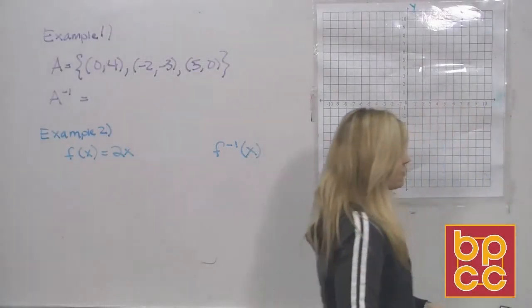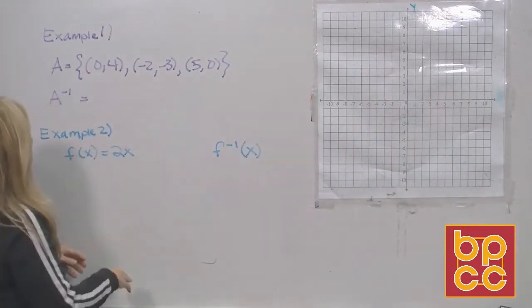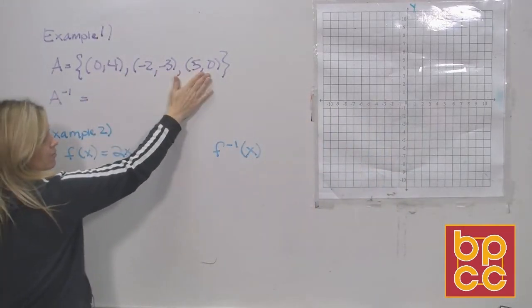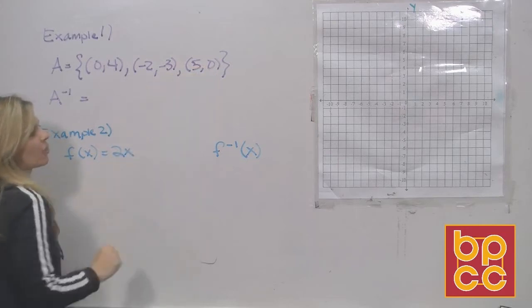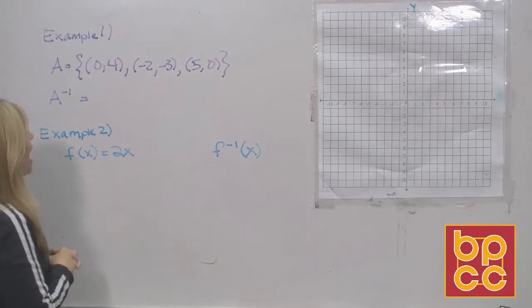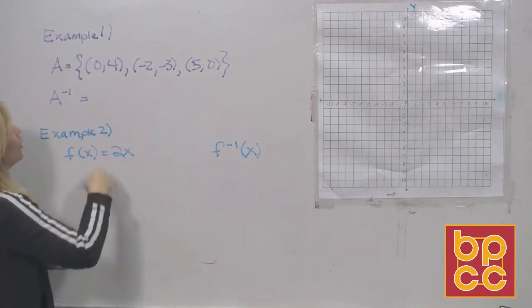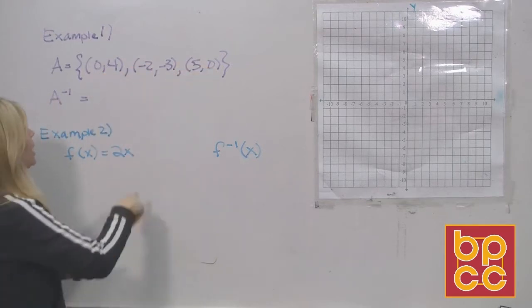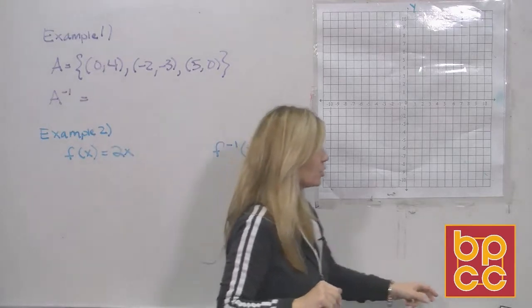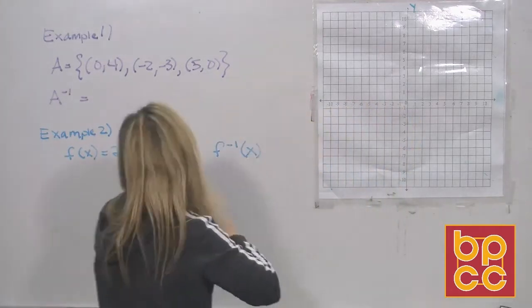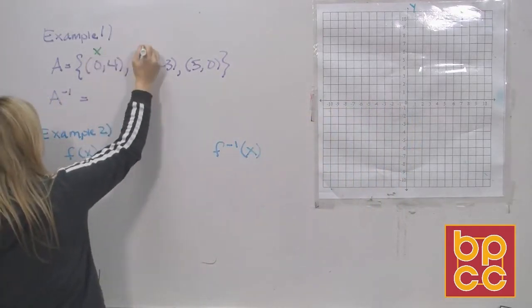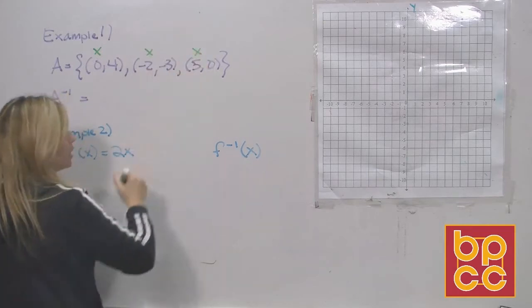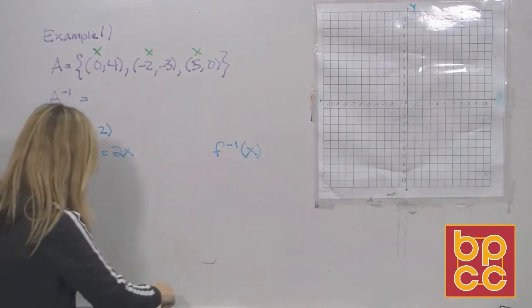All right, so if you look here, guys and gals, I have 3 points, 3 ordered pairs, 3 relations. If I ask you to do the inverse of these, all I'm asking you to do is switch the position of the x and the y's. So what happens here is I'm going to label all the x's. They're always the first part of the ordered pair.